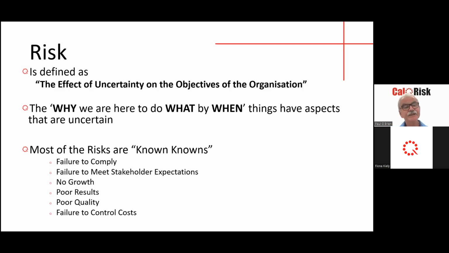Most of the risks, as I said earlier on, are known knowns, and I've listed some of them here. The variables come from external things like Lehman's collapse, the effect that had on various businesses, for example. Another one we would cite in training would be the volcano in Iceland a number of years ago that more or less shut down the aviation sector.